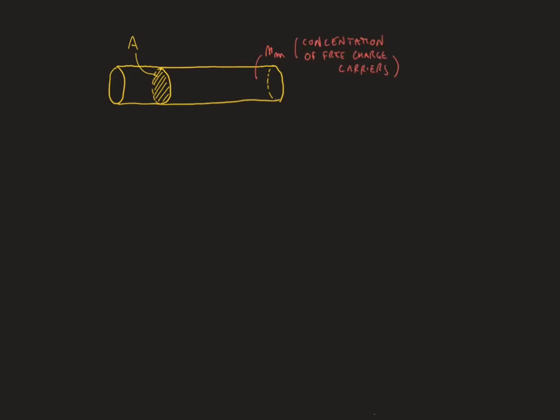Let us consider now a metal wire with a section with area A and free charge density N sub m. The wire is under the action of an electric field.